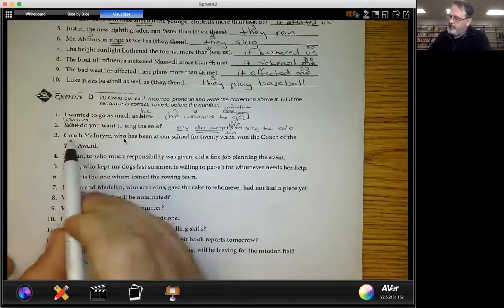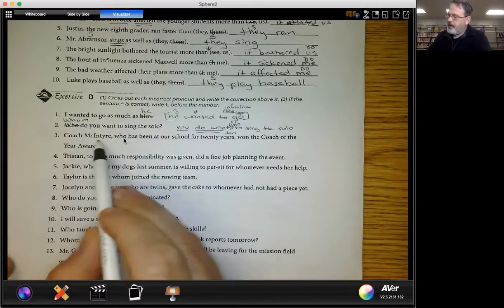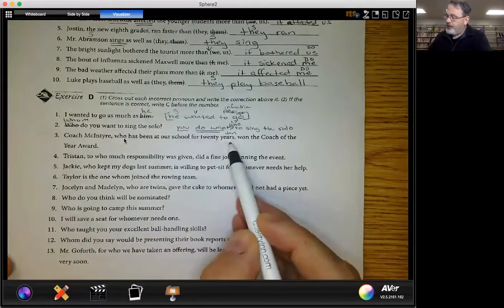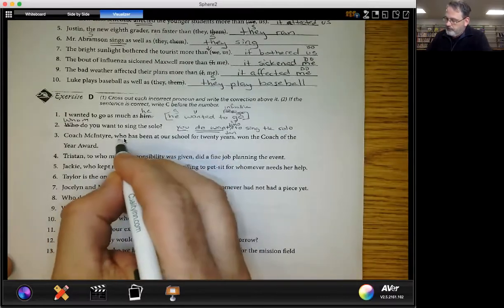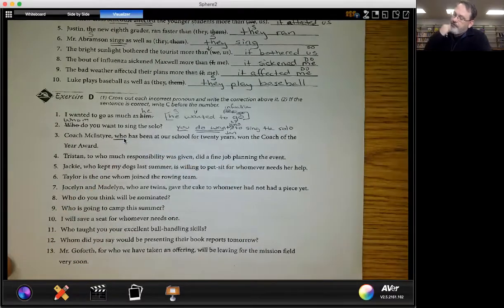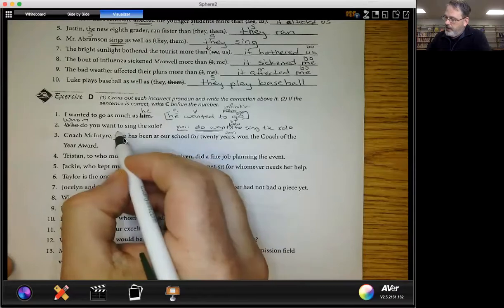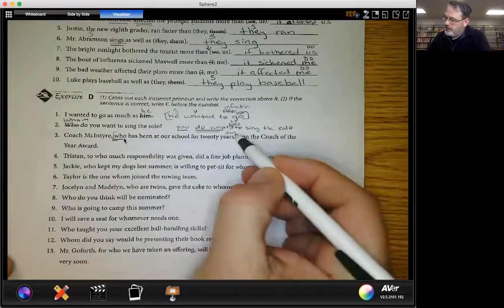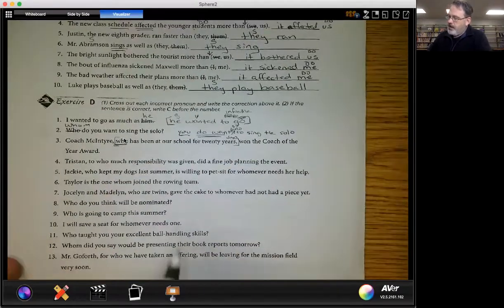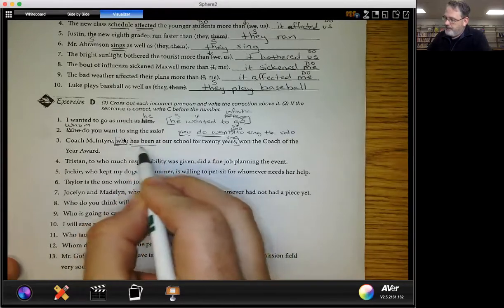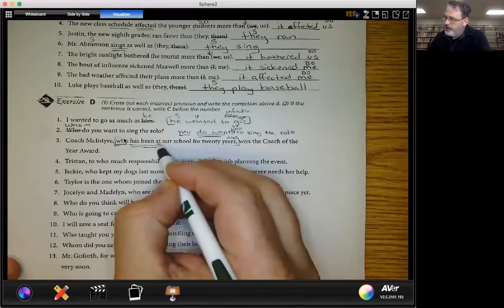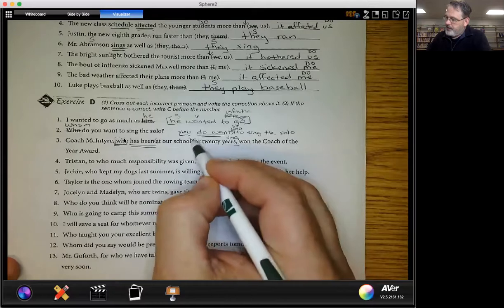Number 3, Coach McIntyre, who has been at our school for 20 years, won the Coach of the Year award. Well, that is our pronoun. And this is our clause. In the clause, the verb is has been. Then we've got a prepositional phrase there and a prepositional phrase there.